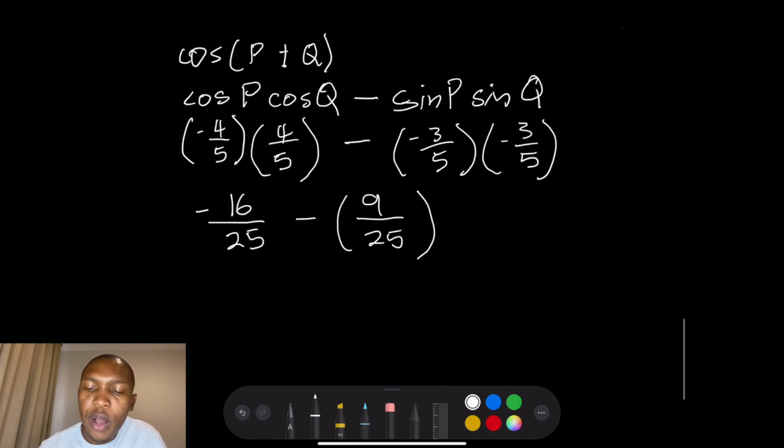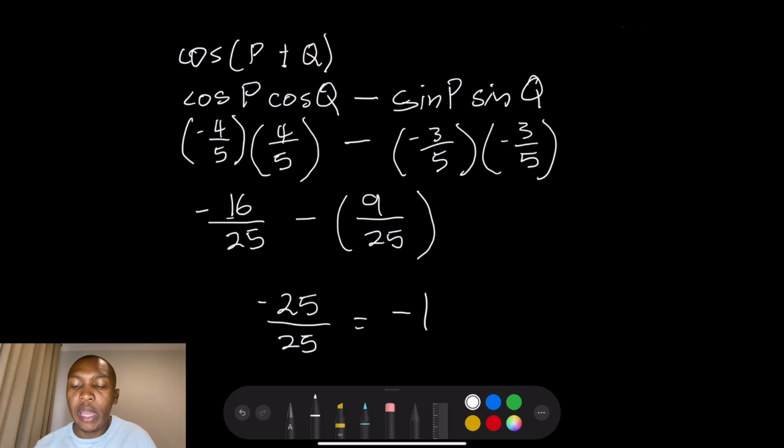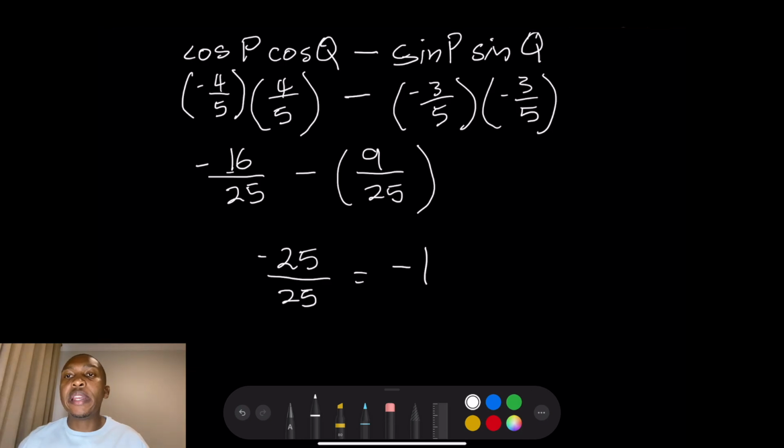So now I've got two values there. My denominator remains the same, that's 25, and I'm simply going to add the numerators. So it's minus 16 minus 9, which is minus 25. At the end of the day, I get that to be minus 1. Negative 1, and that's our final answer.